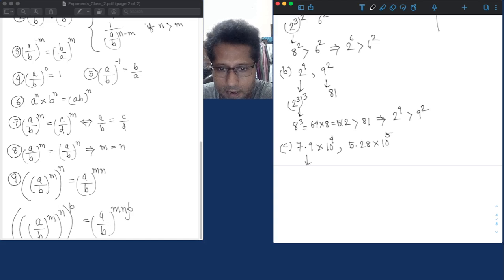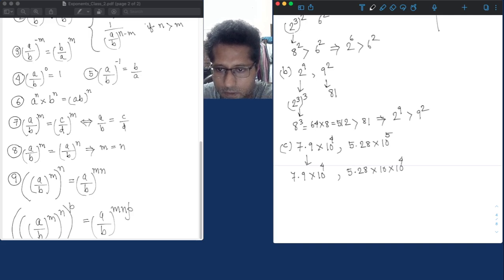So what we can do is let this number be the same, 10 to the power 4, and since we have a higher power of 10 in the second number, we can write 10 to the power 5 as 10 into 10 to the power 4.